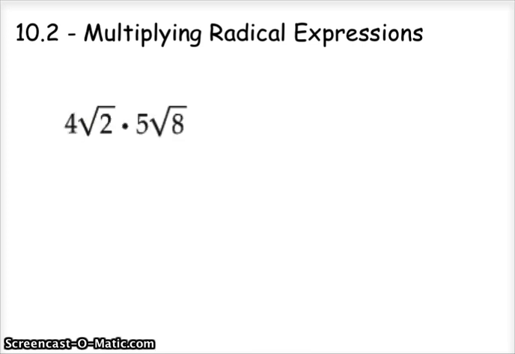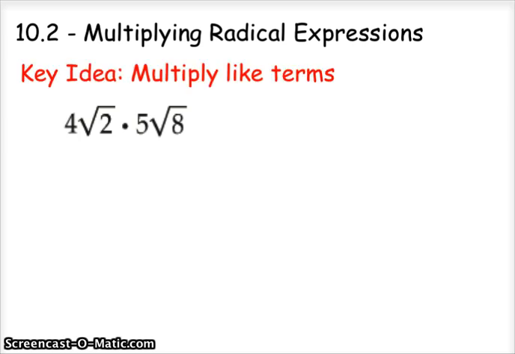Let's try one more. In this case, however, if you'll notice, we have numbers outside of our radicals. So what we're going to do is simply multiply our like terms. We're going to multiply our outside terms first, and then we'll multiply our radical terms just like we did in the last example. So my first step, we're going to multiply 4 and 5.